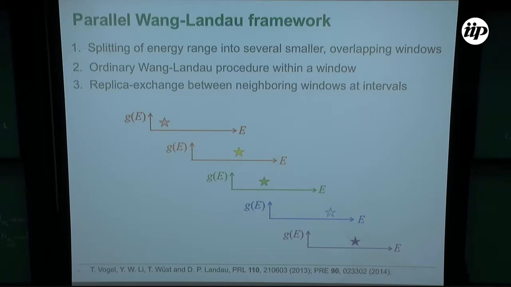So Replica-Exchange Wang-Landau sampling. I will not repeat Wang-Landau sampling here because we have already heard about this several times this week. But for Replica-Exchange Wang-Landau, what is different is that you divide the entire energy range into smaller pieces, and these pieces have to overlap with each other so that you cover the entire energy range, and this overlapping will facilitate the replica exchange.